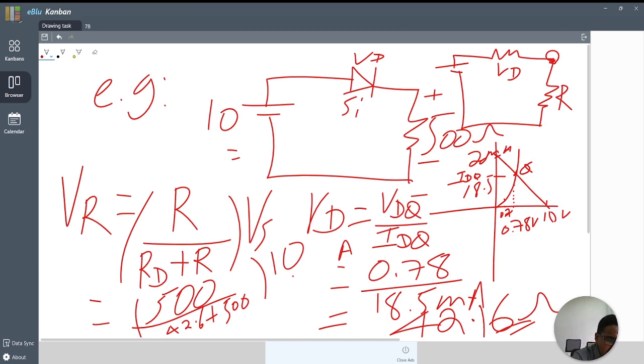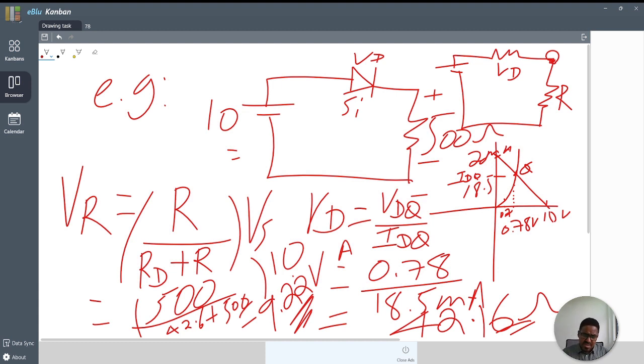Calculating 42.6 plus 500 gives 542.6, and the result becomes 9.22 volts, the voltage across the resistor.